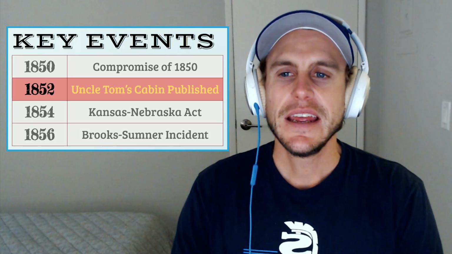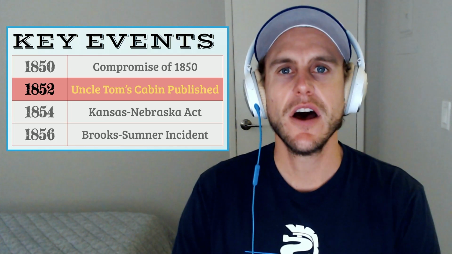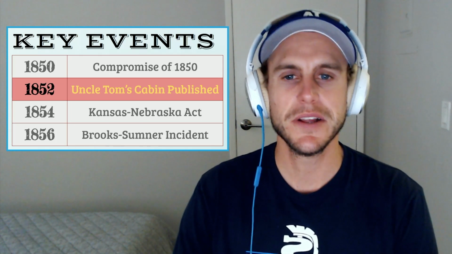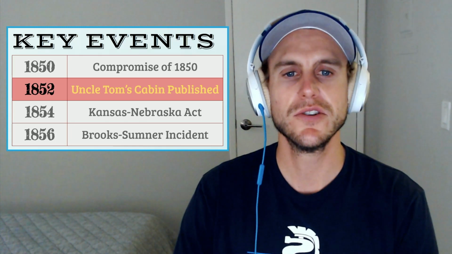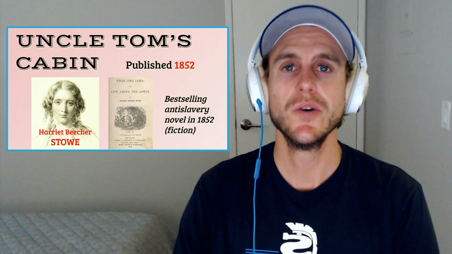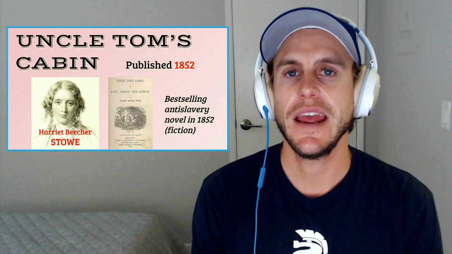Now, in response to this, another key event is going to be the publication of a novel called Uncle Tom's Cabin. This is a novel written by Harriet Beecher Stowe. She is the daughter of abolitionist parents in the North, and she decides she's going to write a fictionalized novel depicting an African-American slave in the South, Uncle Tom, who is beaten and harassed and brutalized by his white master.